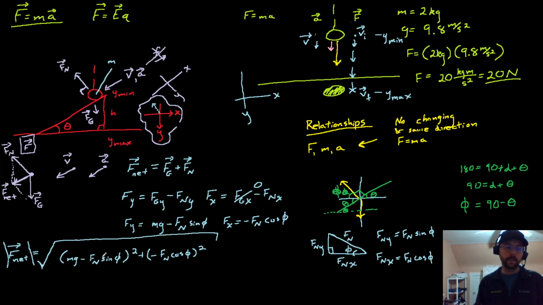So this is the magnitude. And I could change this phi to 90 minus theta, since I'm assuming we're given theta initially and not phi, but anyway, you get the idea.